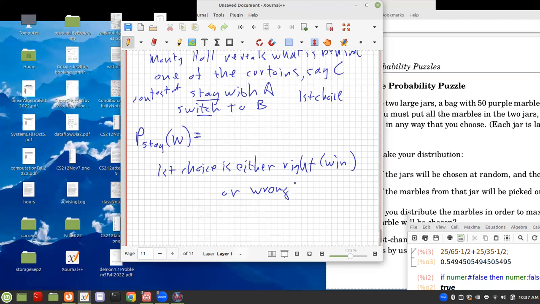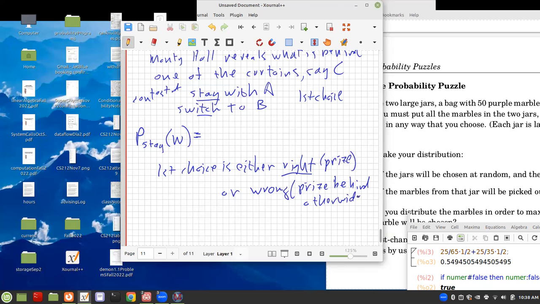In other words, their first choice is either right, that they correctly identified where the prize is behind that curtain, or the prize is behind another curtain.